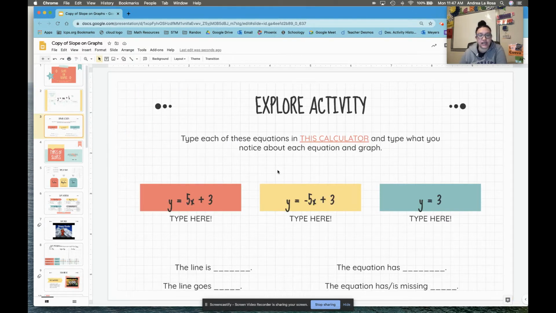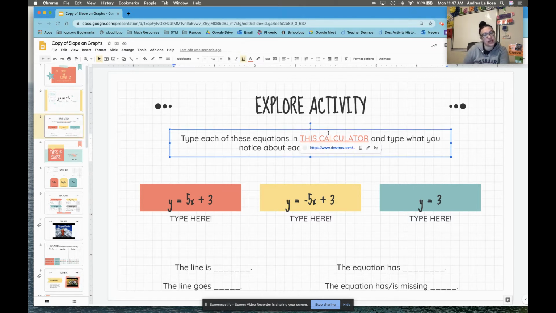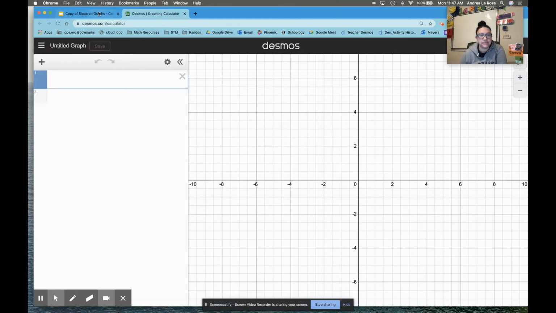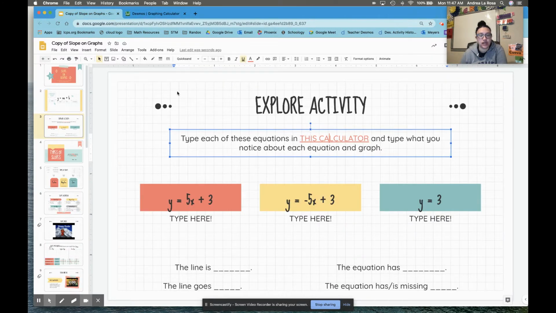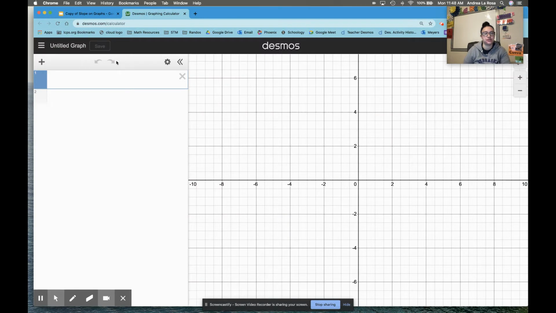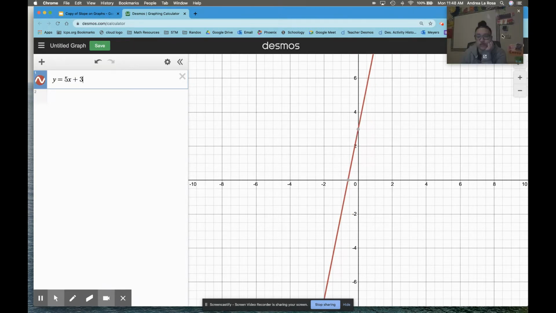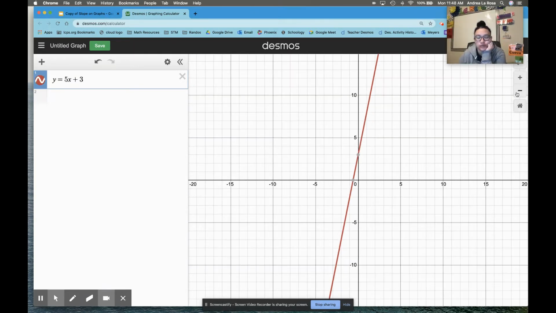So in this explore activity, there are 3 different equations. We're going to use this calculator to kind of help us see how things change when I change my slope. So looking at my first equation, I have y equals 5x plus 3. So if I type that in my calculator, I see I have this red line.